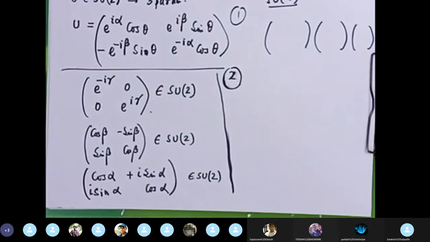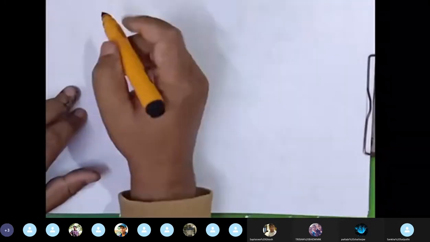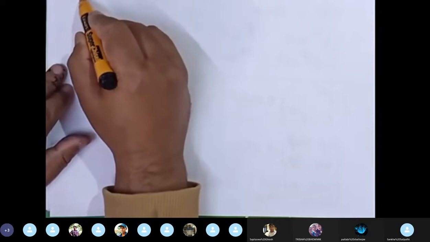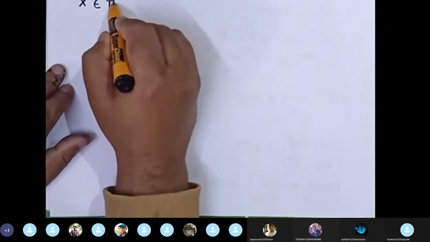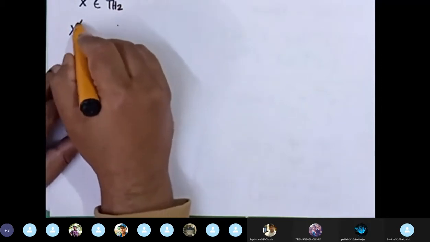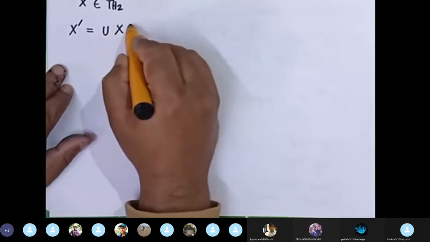Actually, these calculations are so big, you need a big space. Suppose X belongs to this traceless Hermitian matrix space, and you have done this: X prime is equal to U X U inverse.